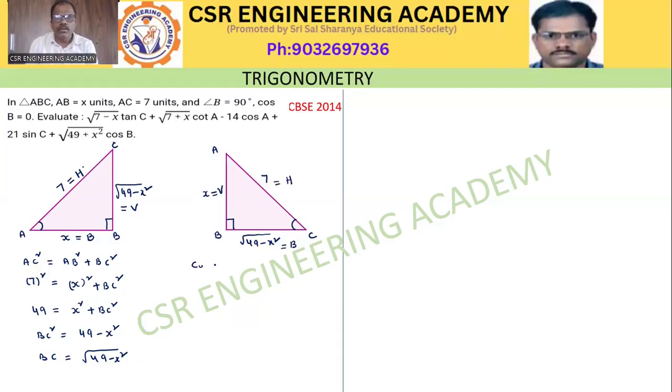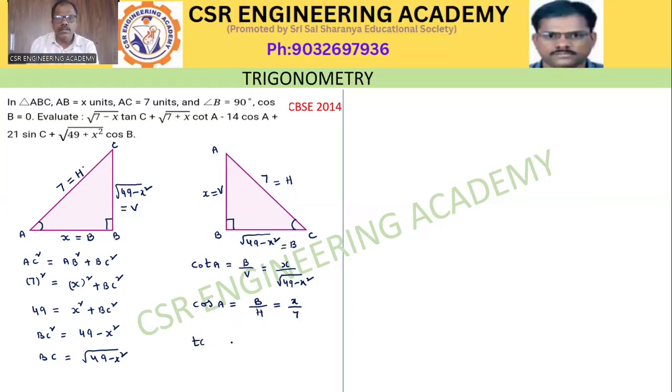Cot A is equal to base by vertical side, that is equal to x divided by root of 49 minus x square. Cos A is equal to base by hypotenuse, that is x divided by hypotenuse, that is 7.